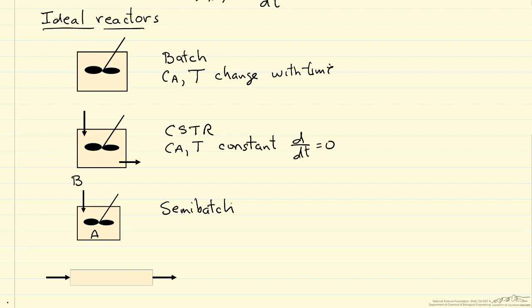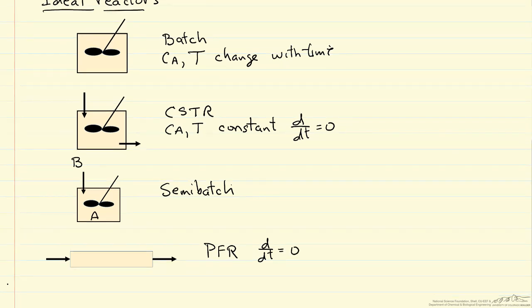And then the final one we'll look at, plug flow reactor, which we can envision as a tube that we're flowing material through. It's again at steady state, so that means derivatives with respect to time are equal to 0. So the important thing, the concentration of A and the other species, of course, and the temperature, they change with location.